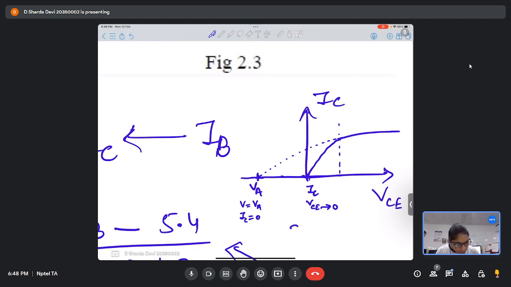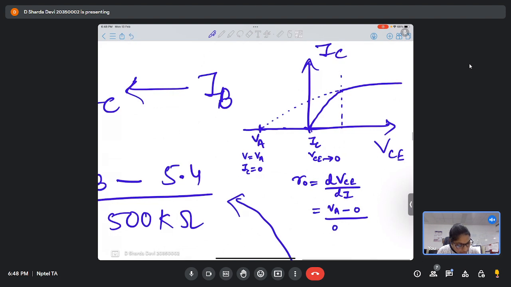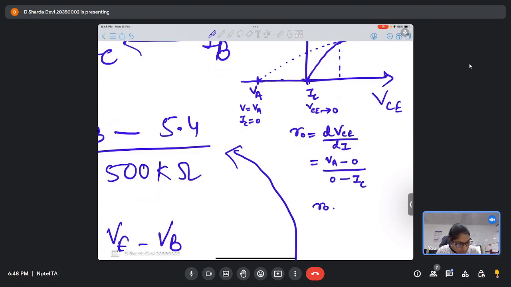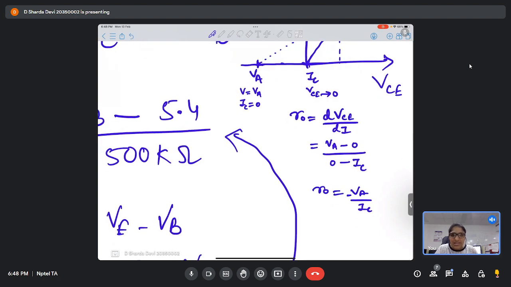So R naught is dVC by dIC, right? VA minus 0 divided by 0 minus IC, right? So we can simply write R naught as VA upon IC, minus. But does negative resistance make any sense?